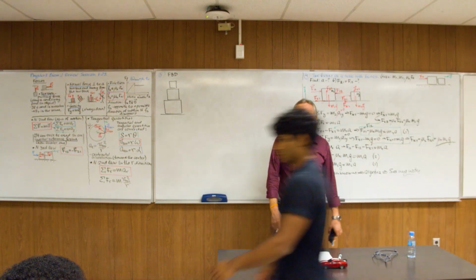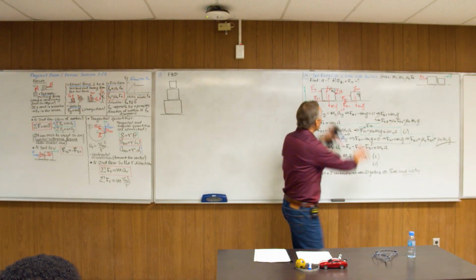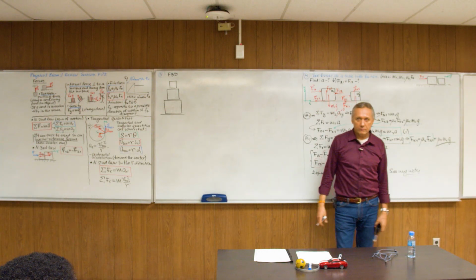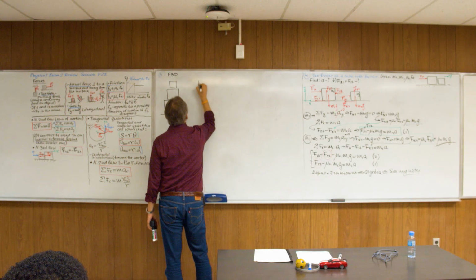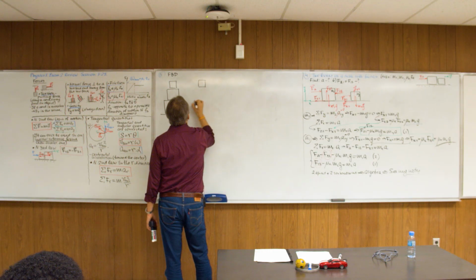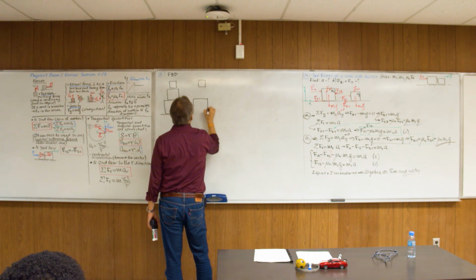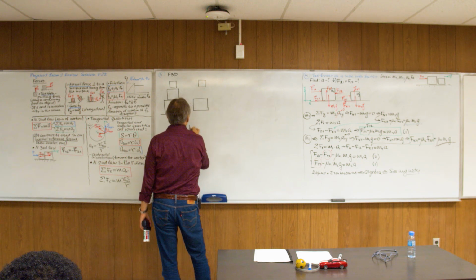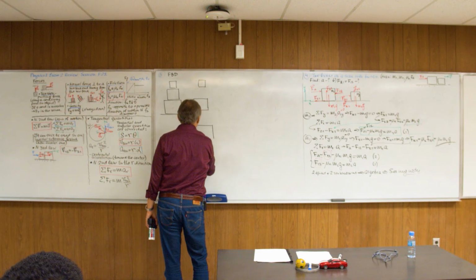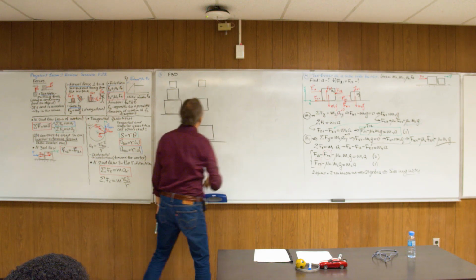And because there will be tons of forces, let me physically separate the boxes. So the first box will be over here still. The second box will be slightly lower, and the last one will be here, and the surface.